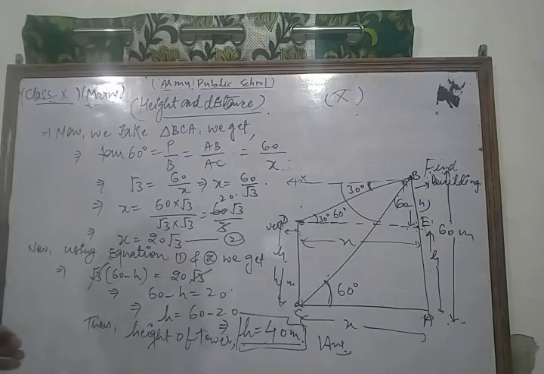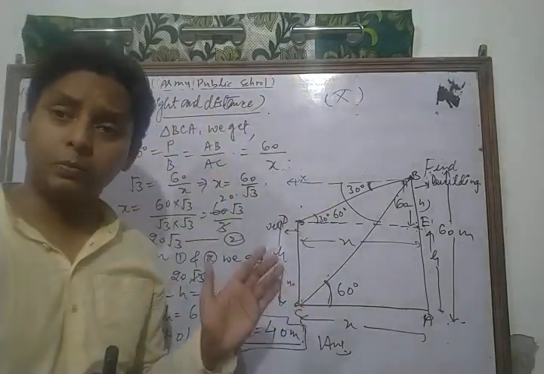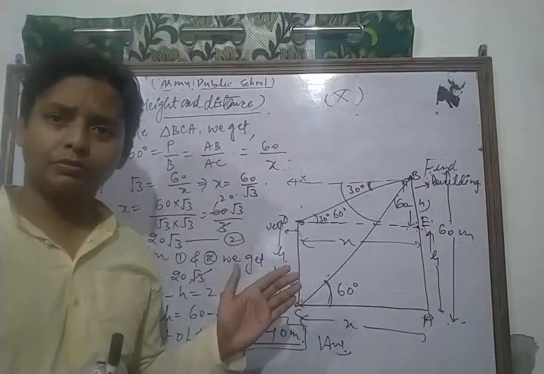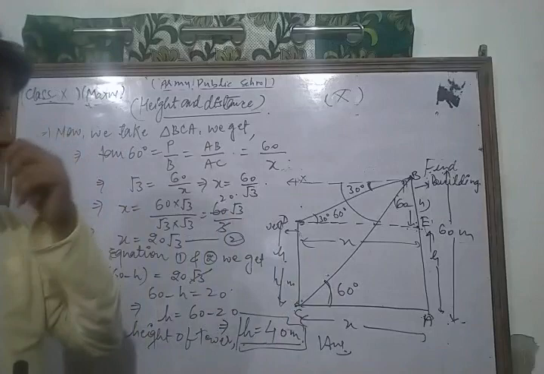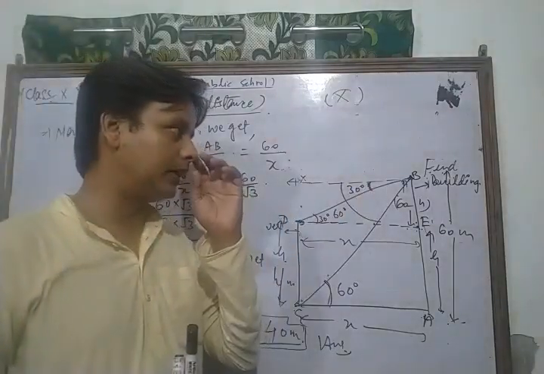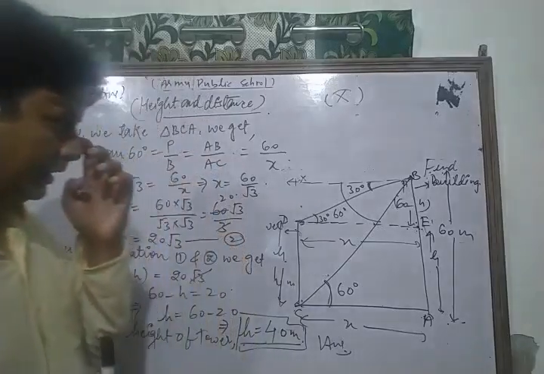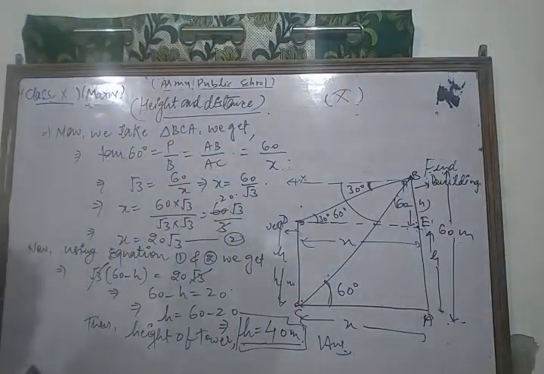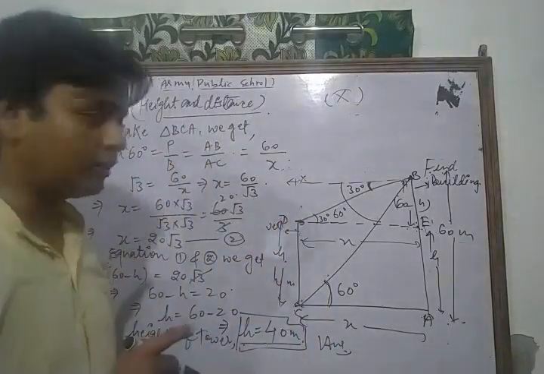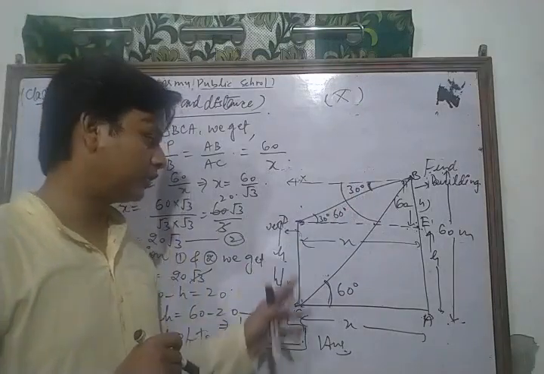Okay, so this is one of the most important questions of your syllabus. So please do more and more practice of that type of questions. Let's see once more time. According to that question, from the height of the building, the angle of depression from the top and bottom of a tower is observed to be 30 degree and 60 degree respectively, and we find the height of the tower.